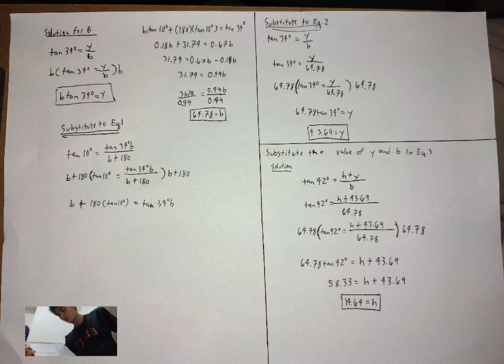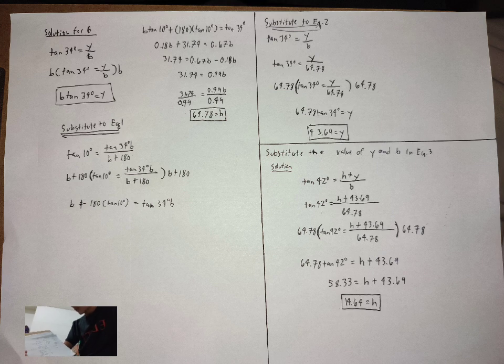So let's move to the long solution. The solution for B: tangent 34 degrees equals Y over B. So B multiplied by tangent 34 degrees is equal to Y over B multiplied by B. So B tangent 34 degrees is equal to Y. Substitute to equation number 1.